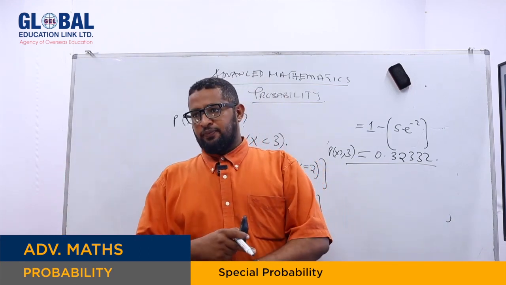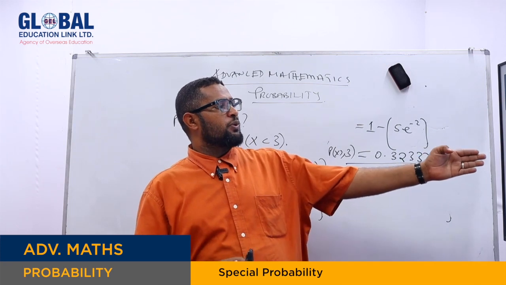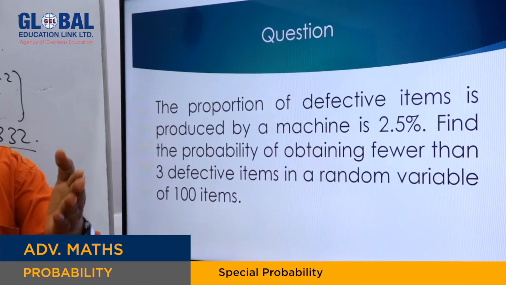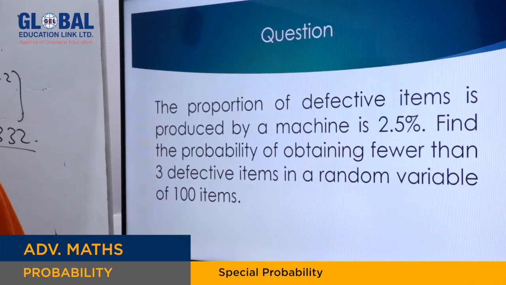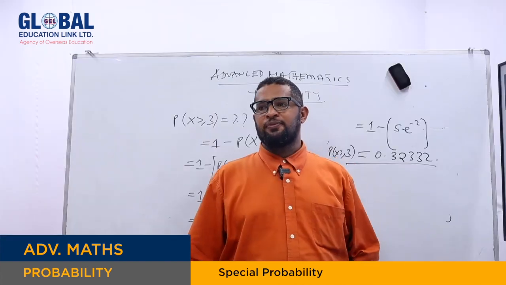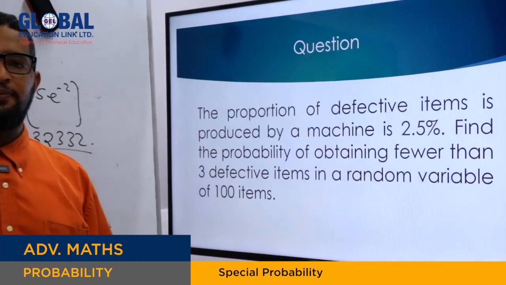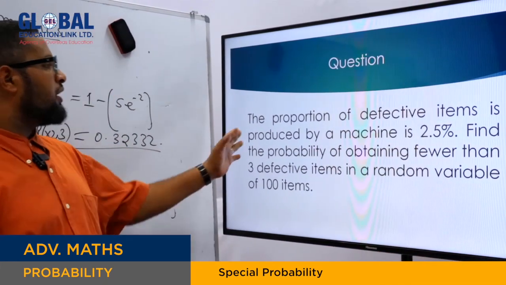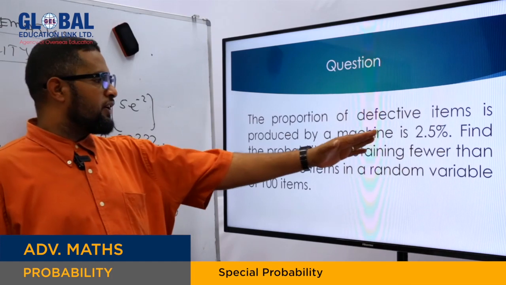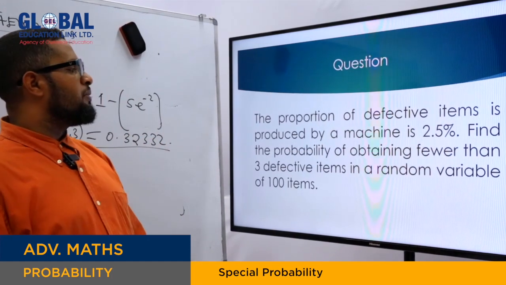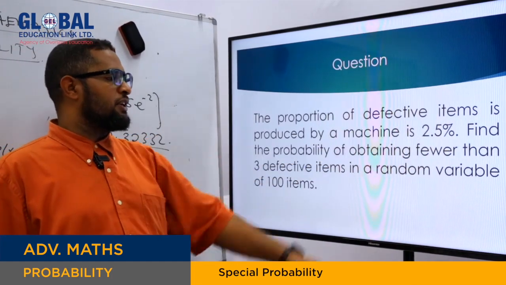Now, due to time, this is a question for you as a take-home assignment for more practice. As you know, practice always makes perfect. If you find a question like this one: the probability of a defective item produced by a machine is 2.5%.